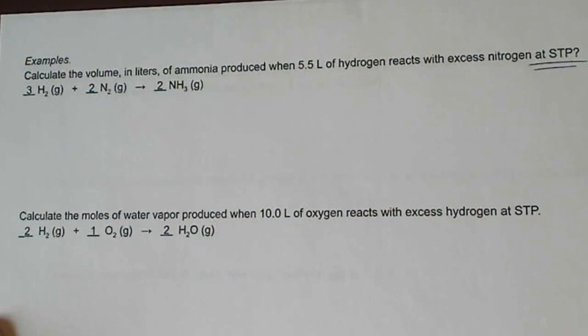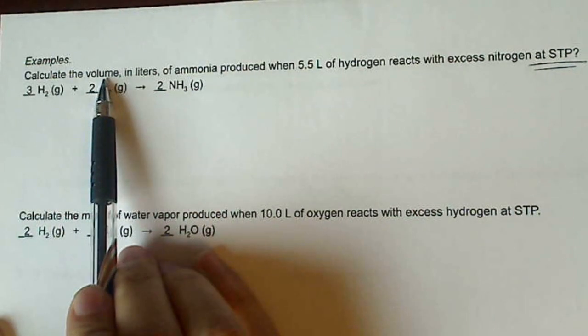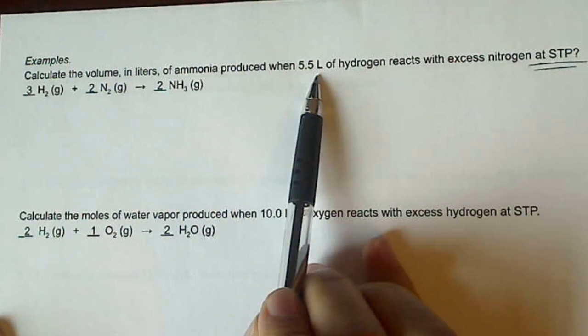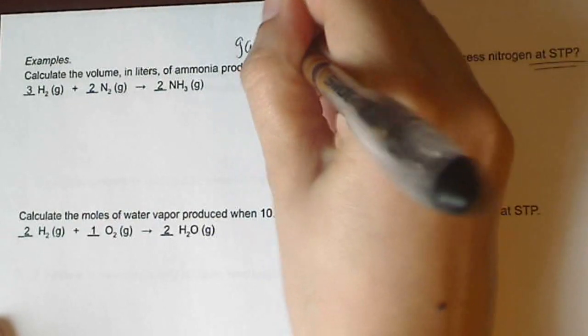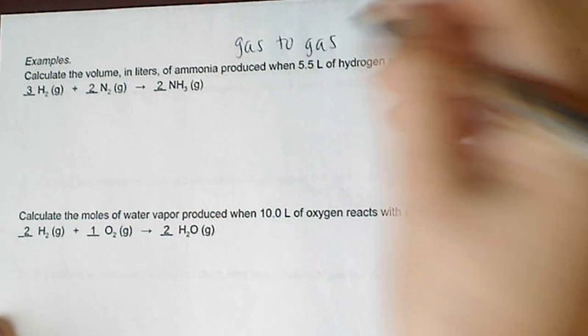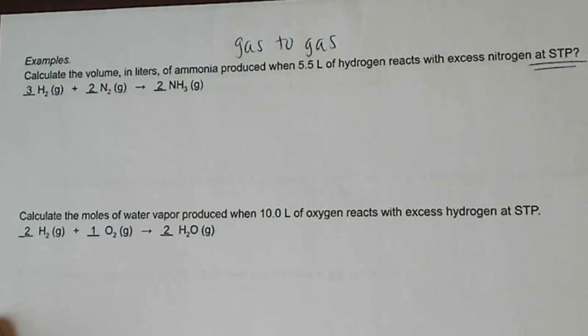Because this is at STP, I'm allowed to use Avogadro's principle that 1 mole of any gas will occupy 22.4 liters. But since I'm given the volume of one substance and going to the volume of another, this is called a gas-to-gas problem.